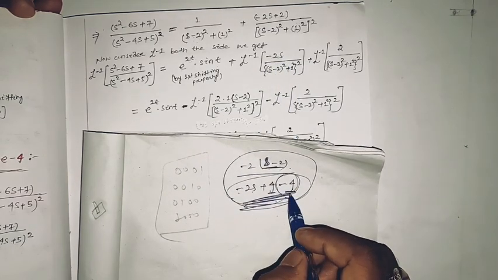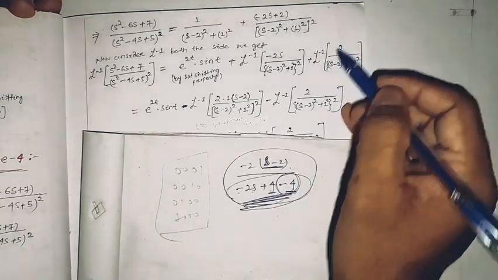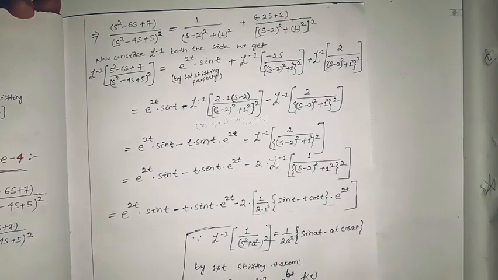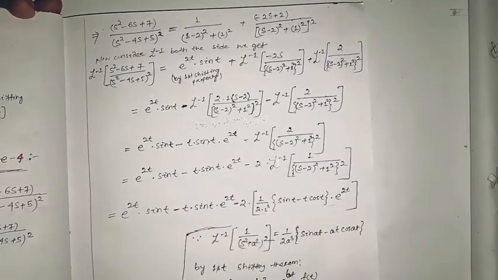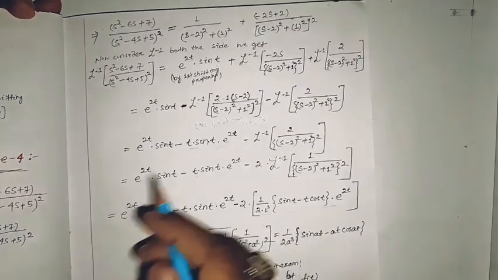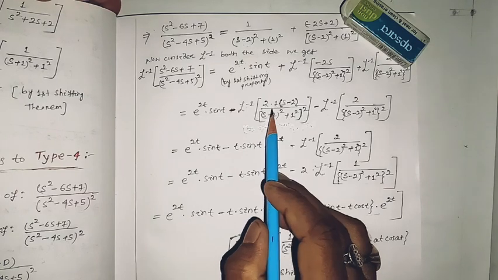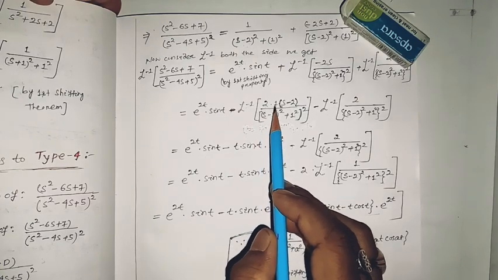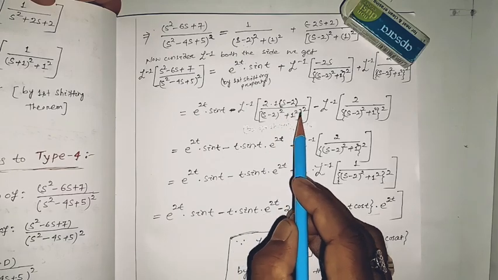If I consider minus 4, here it is plus 2, so minus 4 plus 2 will be minus 2, right? Now why have we modified this one? Here we found 2 into 1 into (s minus 2) by (s minus 2) whole square plus 1 square, whole square. Carefully you have to watch.